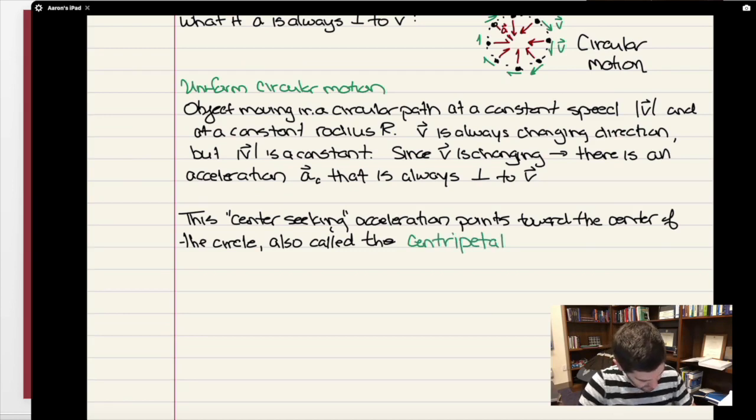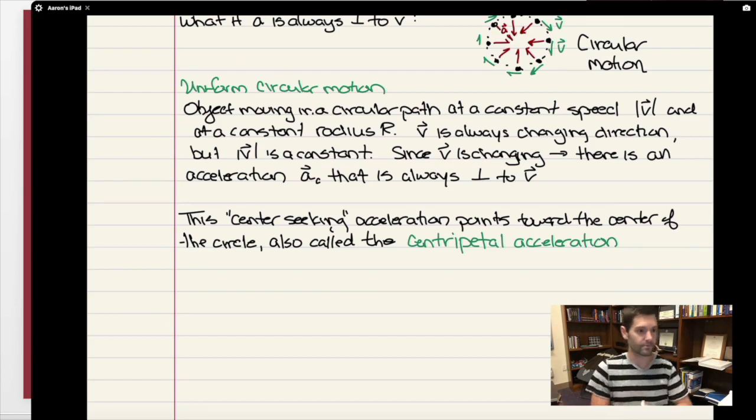Centripetal acceleration. So I will try to keep personally with the convention that if I write down an acceleration with a little c as a subscript, I'm talking about a centripetal acceleration or something regarding uniform circular motion.